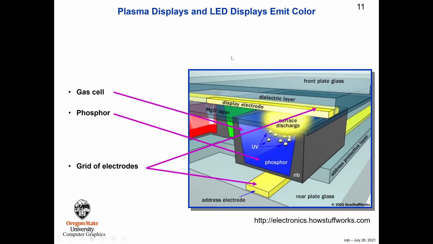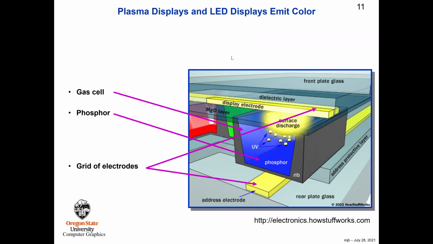Yeah, plasma displays and LED displays, they emit color. That is, if you go to Costco or Best Buy and you look at one of the LED displays, OLEDs, QLEDs, you will see really bright. Now, LCD displays, like most of us have in the labs, at home, in our laptops, those are basically gates.